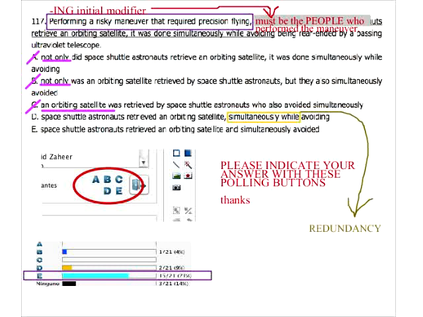You would either say annual salary or salary per year, but you would not say both annual and per year. In this case, both simultaneously and while are conveying the meaning of simultaneity, and that's not okay.